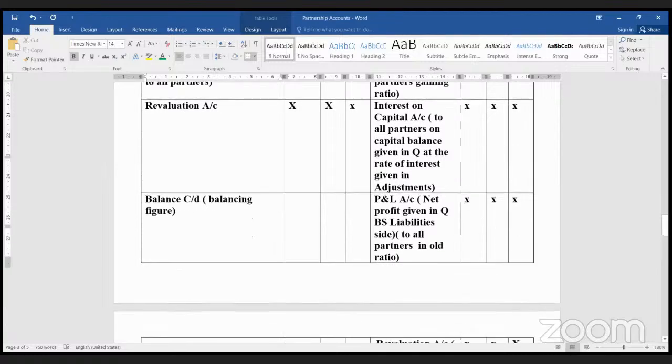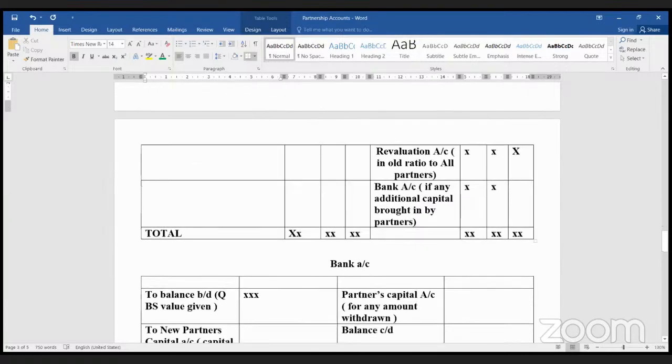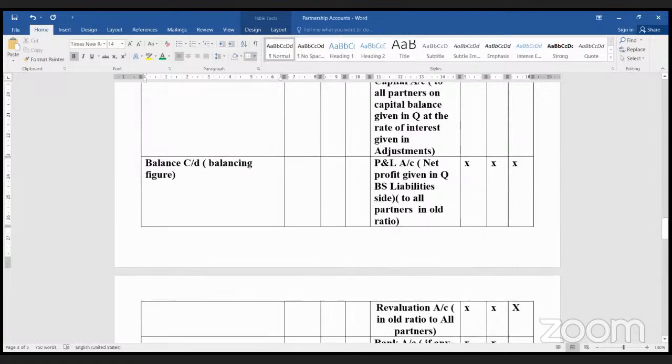Finding the balance. In this, the difference is that for the balancing figure you will write balance carried on only for continuing partners.